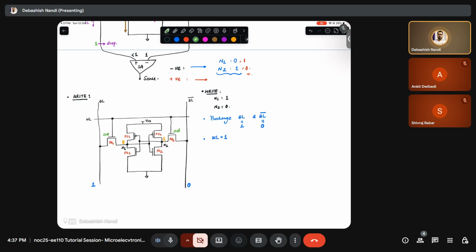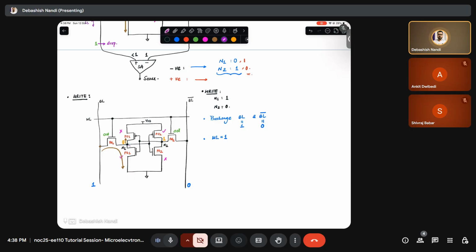So now what will happen? Again the same thing. This is on, this is on, these are off. In this case, it will charge up the N node because there will be some capacitor.